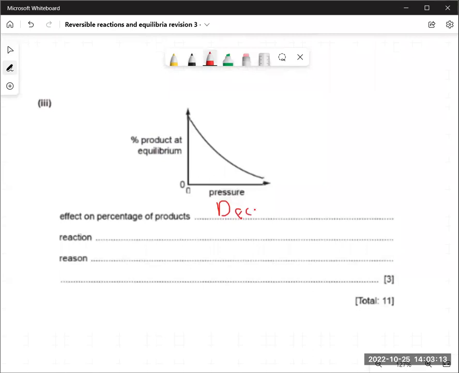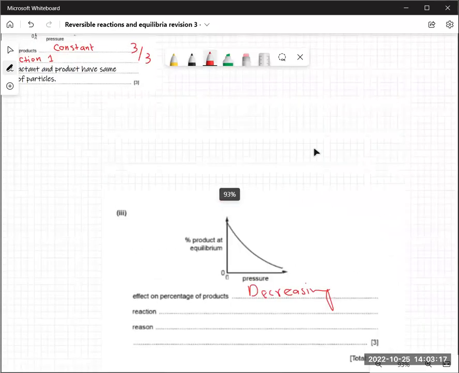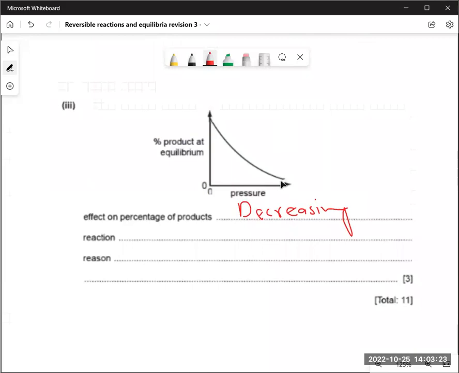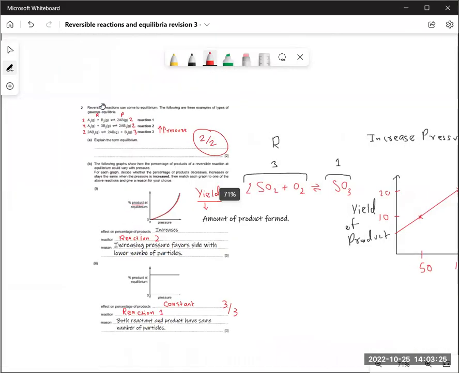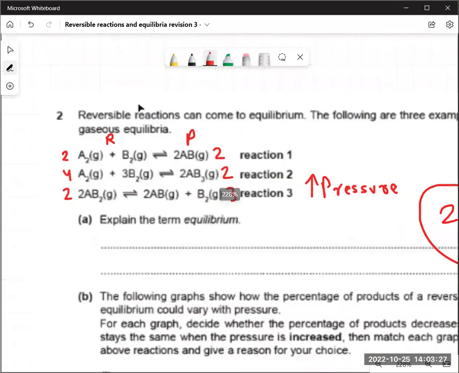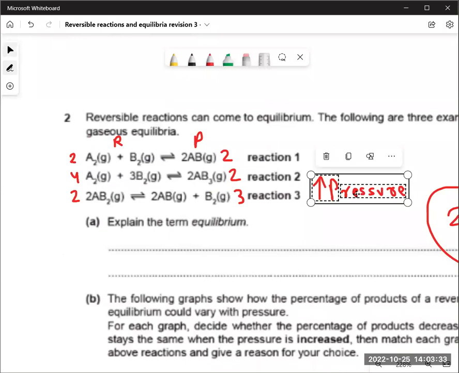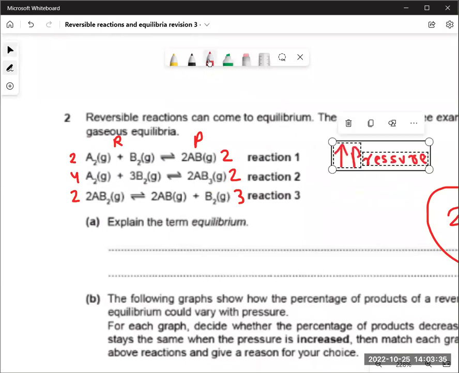Same question. So decreasing means reaction number 3. Why 3? Wait, can I see the reaction? Okay, so for 3, the product side is greater than the reactant side.